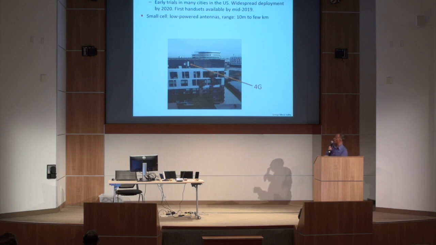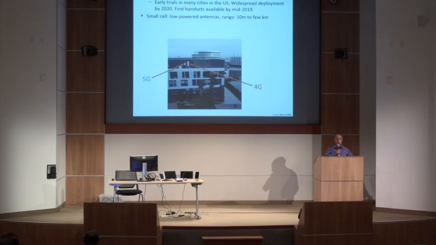You can see the 4G antenna here, and next to that we have a 5G. You can see that it's almost half the size. So it's smaller in terms of footprint, but you're going to need more of these because there are more small cells, right? So that's going to present its own challenges. In terms of deploying 5G, it's going to be more cells. So essentially, it's going to be more expensive.